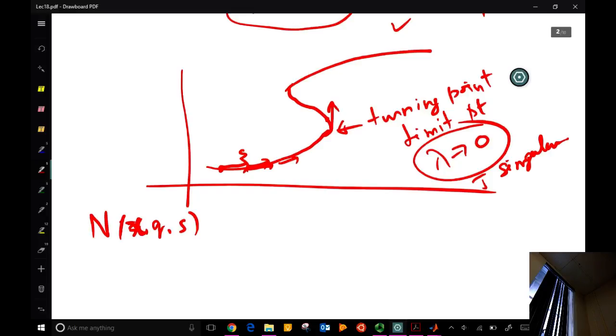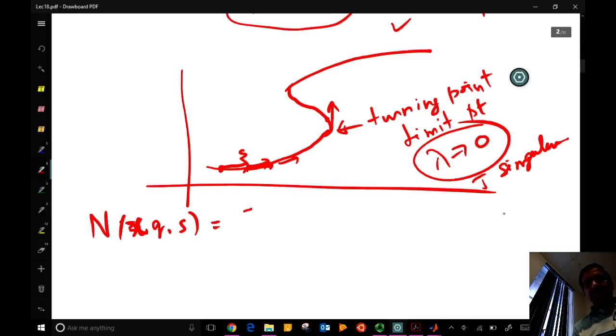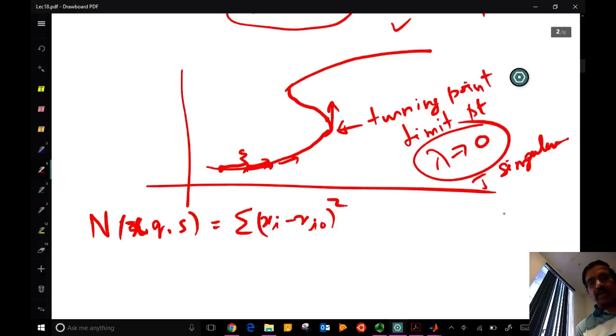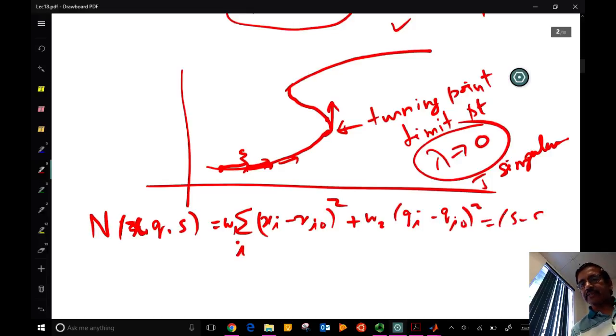And S is a known parameter, which is a measure of the arc length, measured from some point. So one way of writing this would be the summation of (xi minus xi naught) squared over all i, plus maybe you can put a weighting factor there, W, (qi minus qi naught) squared, equals (S minus S naught) squared.